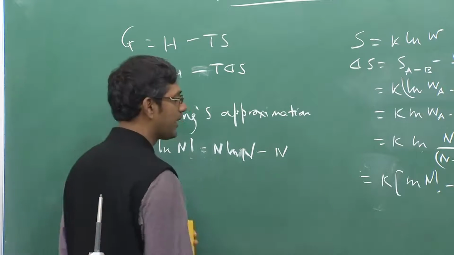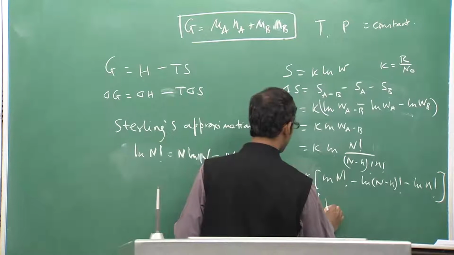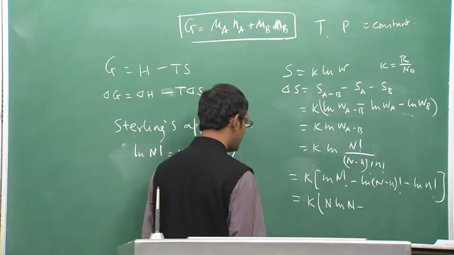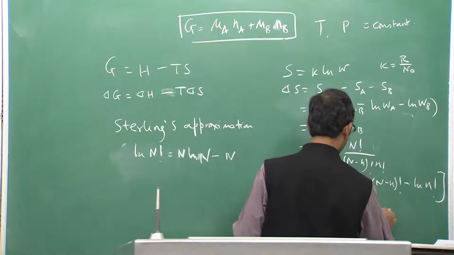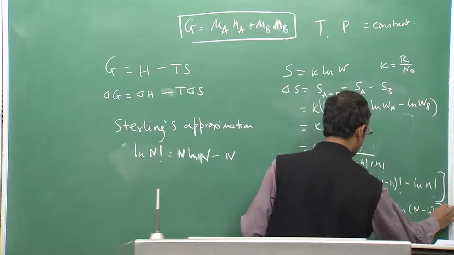So if you apply this, finally what you will get is k [N log N minus n log n minus (N minus n) log (N minus n)].